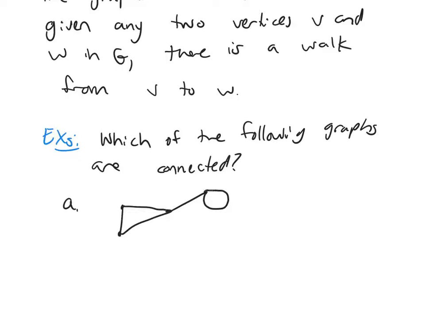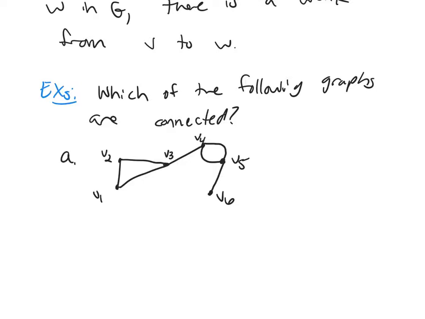And I'm not going to label the edges here, I'll just label the vertices. So V1, V2, V3, V4, V5, and V6. If I take any two vertices here, I can find a walk from one to the other. So this graph is connected.